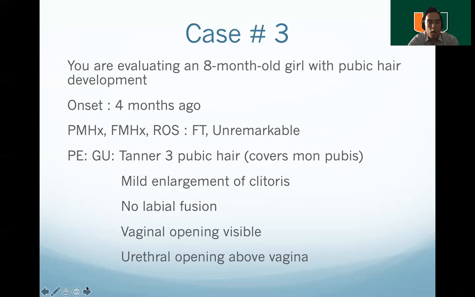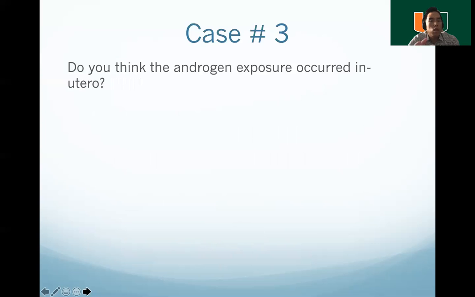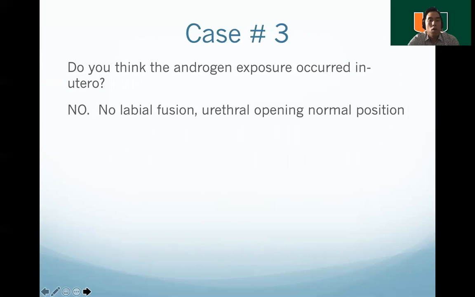Do you think this androgen exposure occurred in utero? No, because there's no labial fusion and the urethral opening is in a normal position. It seems like a postnatal exposure.